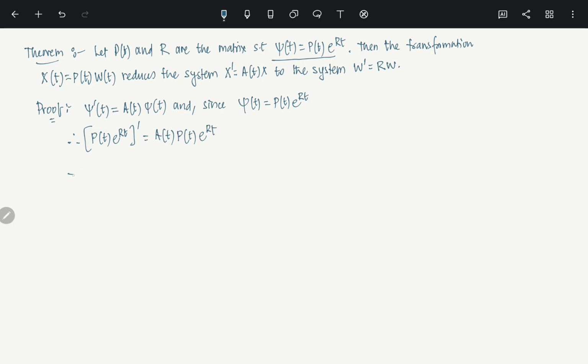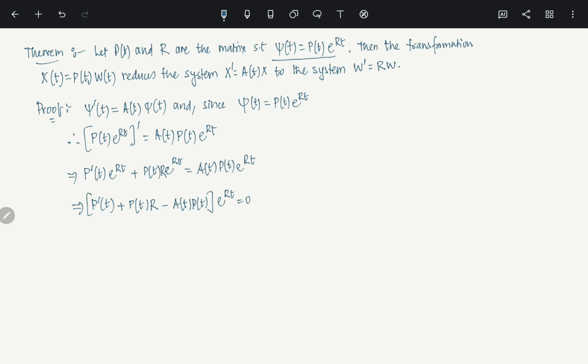Clear? What does that imply? First of all, it is P prime of t e to the power Rt, from the first assignment we are using here, plus P of t e to the power Rt times R, equals A of t times P of t e to the power Rt. Is this fine? Now I can write it like this: P prime of t plus P of t times R minus A of t times P of t, times e to the power Rt, is going to be 0.